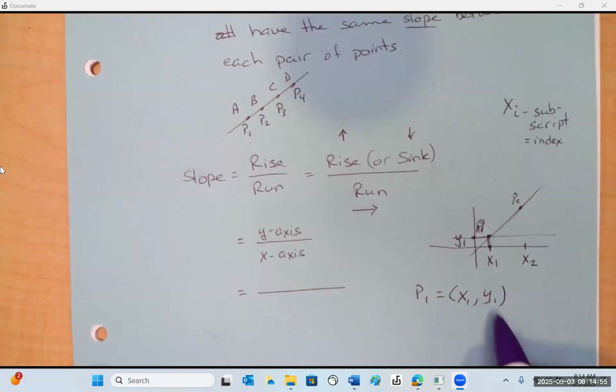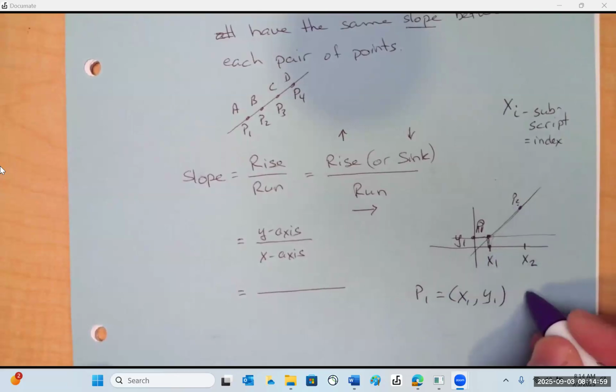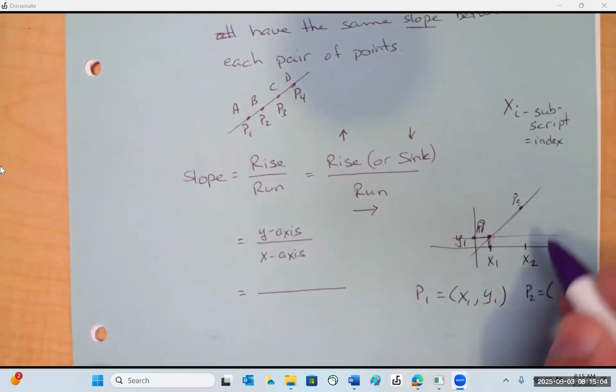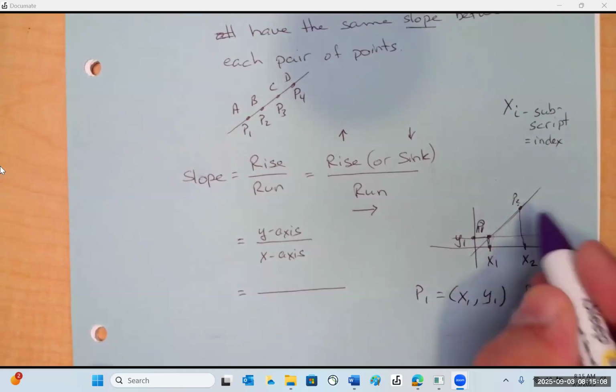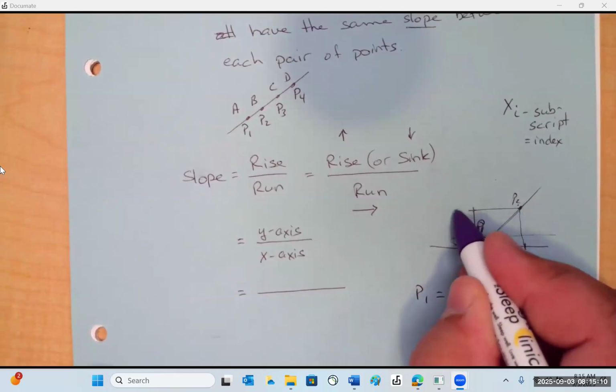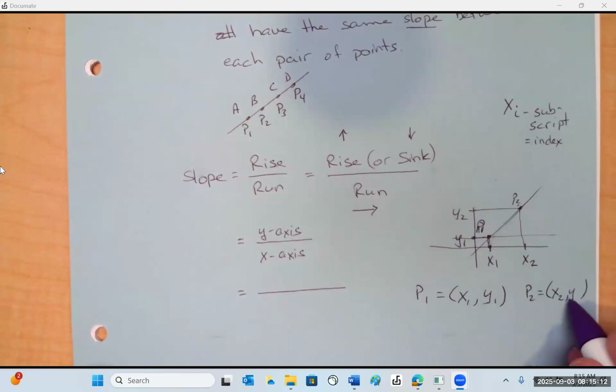The subscripts tell us which point those belong to. This is point 2. So what is point 2 made up of? Well, point 2 is made up of X sub 2 and Y sub 2.